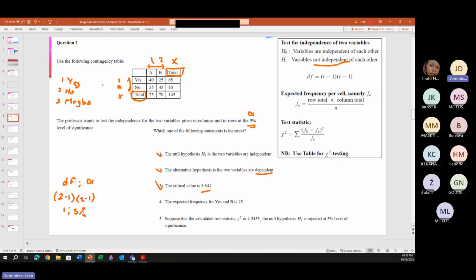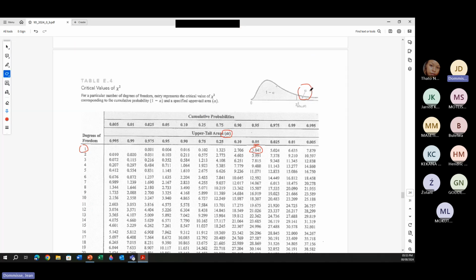Okay, and what you will also notice, it's not alpha divided by 2 like we did in a t distribution. It is purely looking at alpha, and that's why they also make it clear in this table that that is 1 minus alpha and that is alpha.